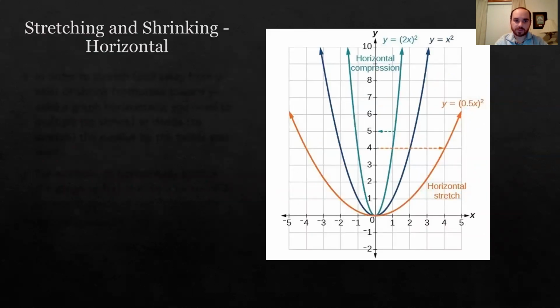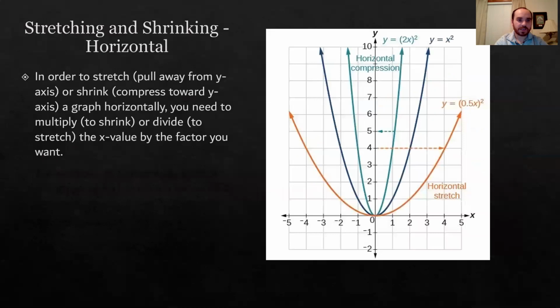Now, horizontal stretching and shrinking is a little bit harder. In order to stretch, which means to pull it away, so get wider, we need to multiply or divide the x value by the factor that we want. It's the same idea: you're replacing x with whatever value you want it to be, like, let's say, 2x if we want to double the width.